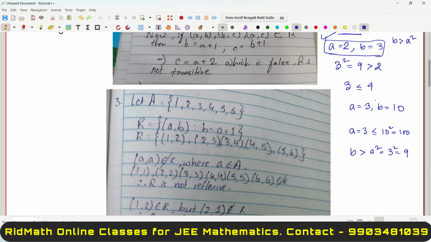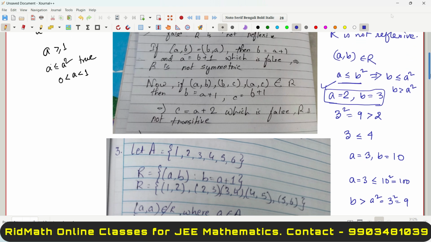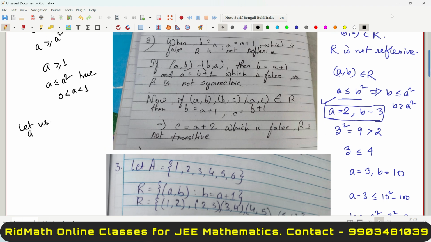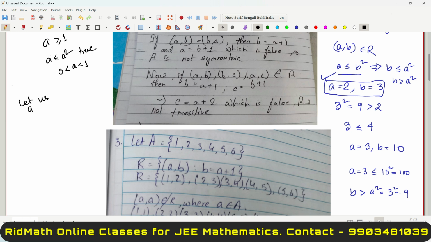So for this relation, I'm just explaining to you, and then this is what you have to write. Let us assume a equal to 3 and b equal to 10.